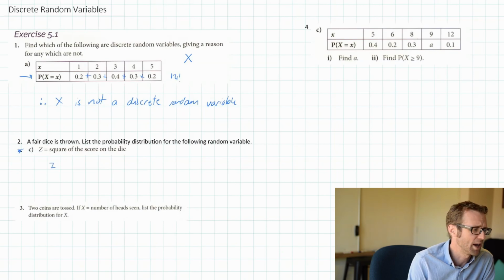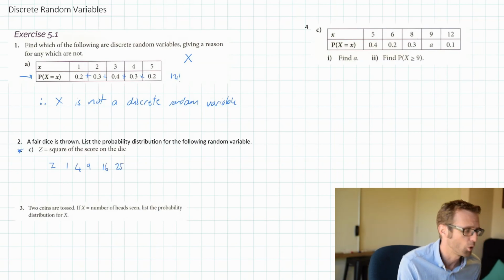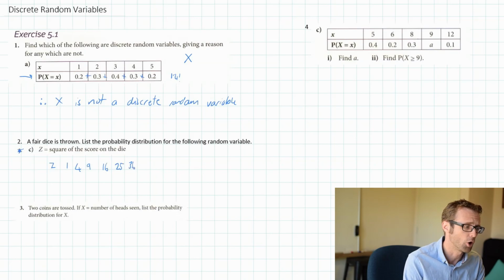Well, if I roll a 1, the square of that would be 1. If I roll a 2, the square would be 4. If I roll a 3, the square would be 9. If I roll a 4, the square would be 16. If I roll a 5, the square would be 25. And if I roll a 6, the square would be 36. So those are my different options.